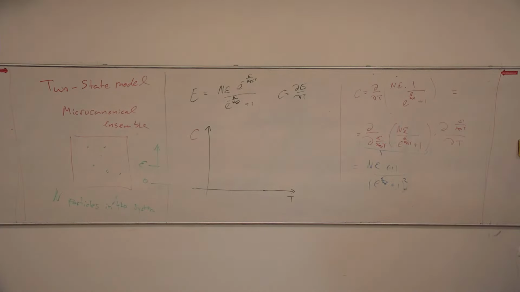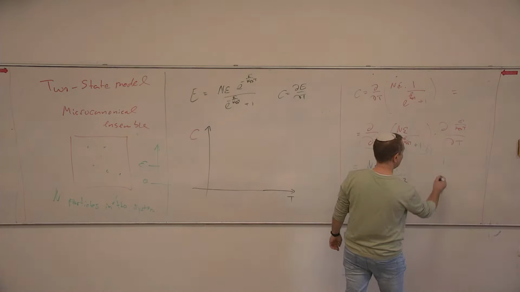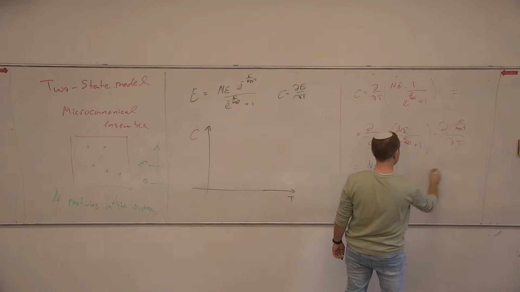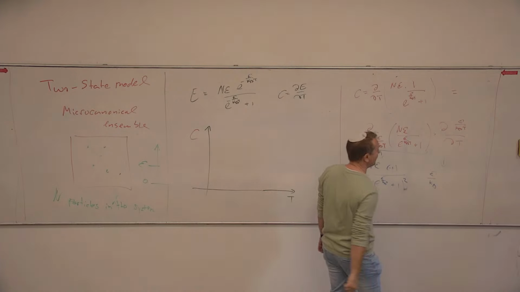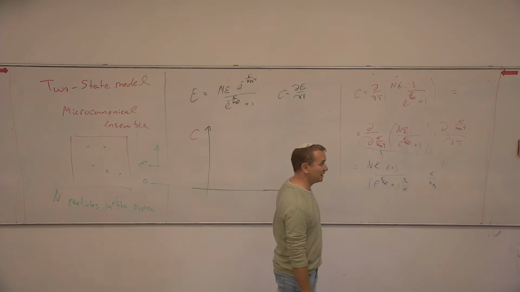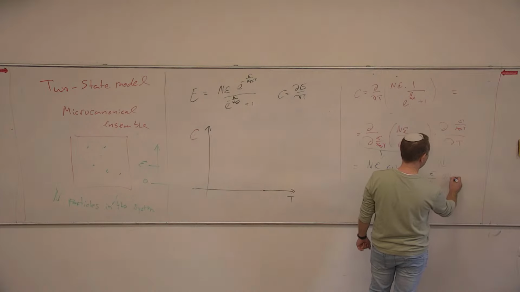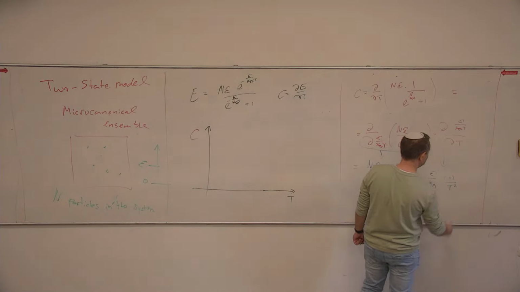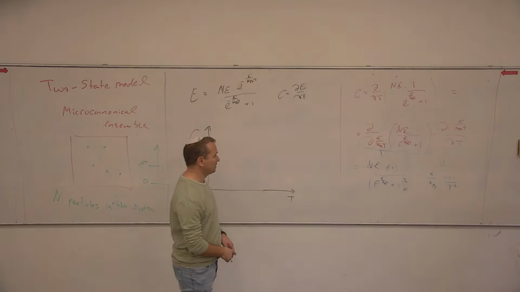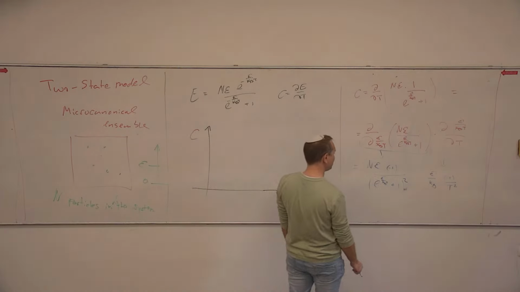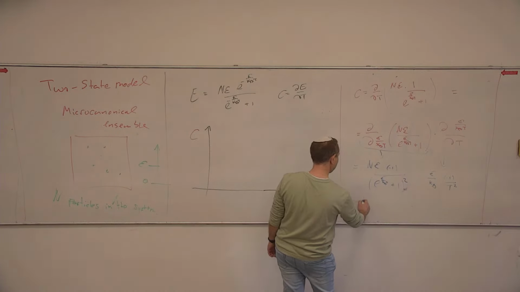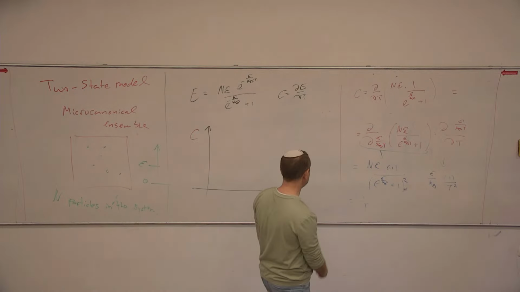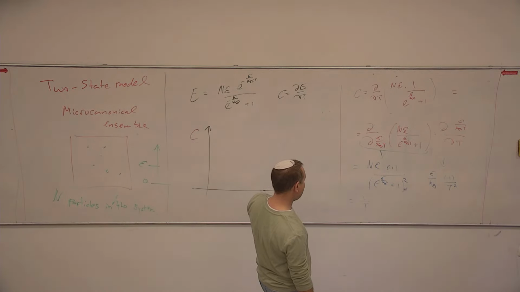Now we have to take the next derivative, where epsilon divided by k Boltzmann stays the same. And the derivative of 1 over t with respect to t is minus 1 over t squared. So minus 1 and minus 1 cancel, and what we obtain is 1 over t squared.